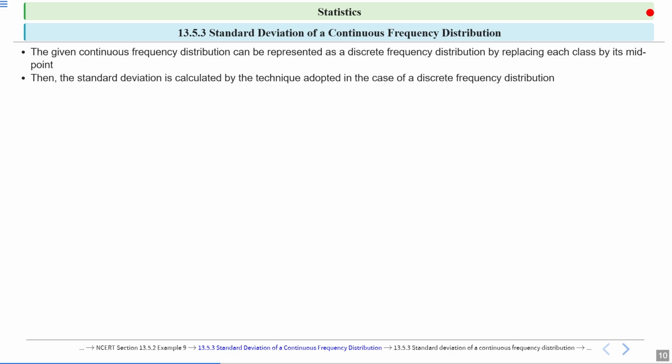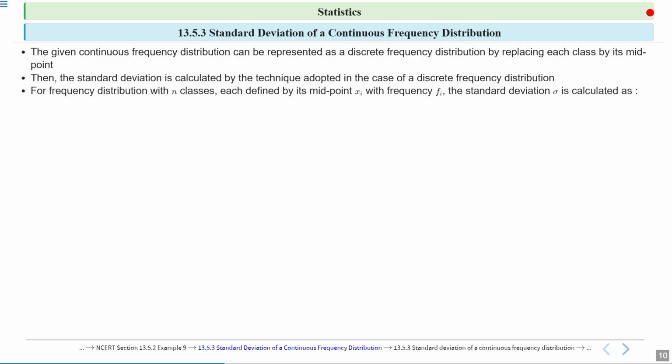Once we have replaced each class with its midpoint, we can calculate the standard deviation just like we do for a discrete frequency distribution. This means we use the same steps and formulas as before.